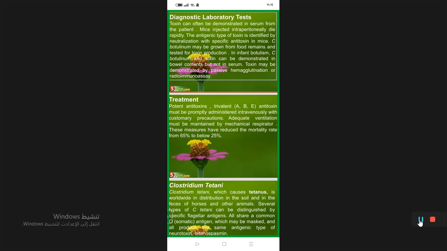These measures have reduced the mortality rate from 65% to below 25%. Now, any question about Clostridium botulinum, either the mechanism of action of toxin, diagnostic laboratory, clinical findings, or treatment? Any questions?